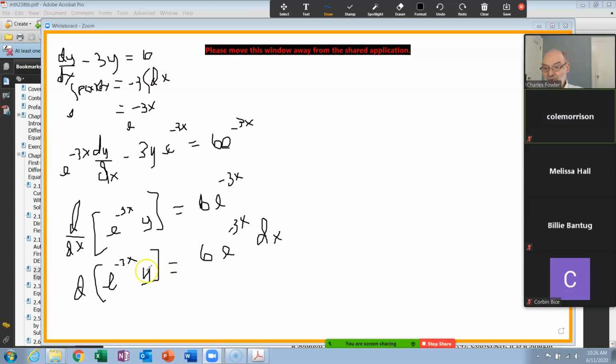Okay, then we're going to integrate both sides. I'll put the 6 outside the integral because I don't need it inside, or maybe don't need all of it anyway.